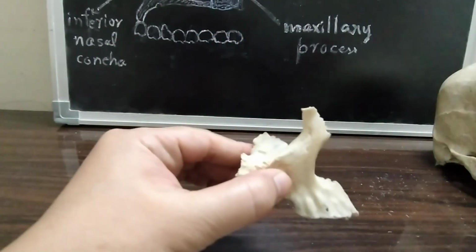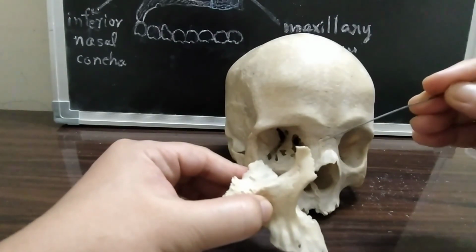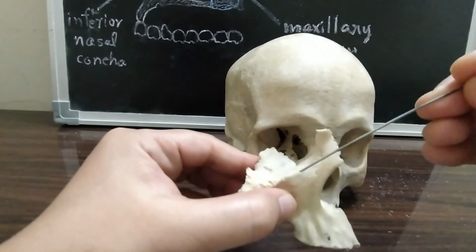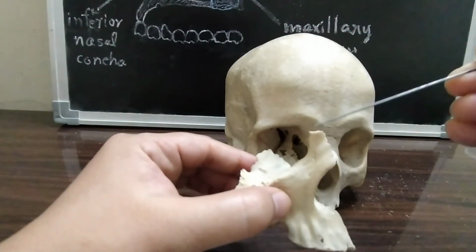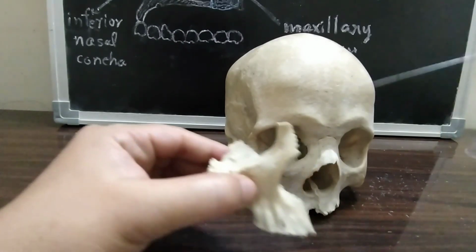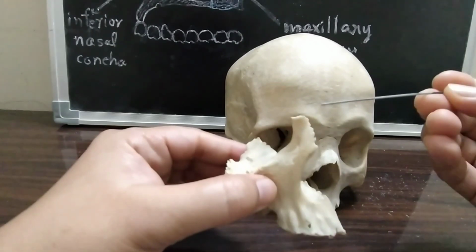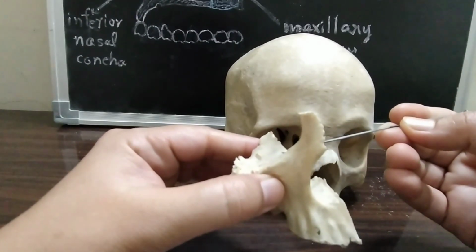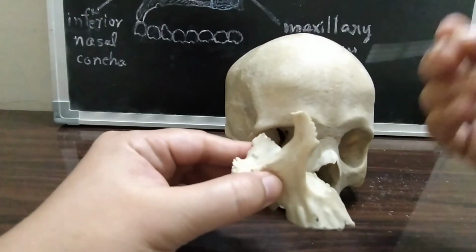This is the frontal process. Frontal process, it is present between the nasal bone and the lacrimal bone. This frontal process is directed upwards and it has a tip which articulates with the nasal notch of the frontal bone. Medially, it has an anterior border and then a posterior border, a medial surface and a lateral surface.